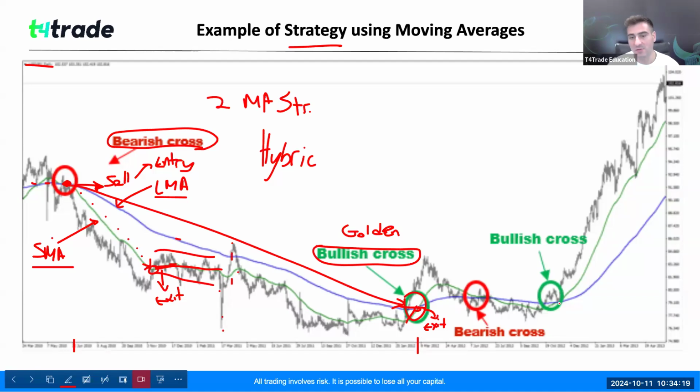The opposite side of the equation could have been after this. You see the market, if you have exited, moving downwards again, but not with much radicality. But another signal was created down there with the short-term moving average crossing above the long-term moving average. So the green line crossing above the blue line generates what we call the bullish cross.